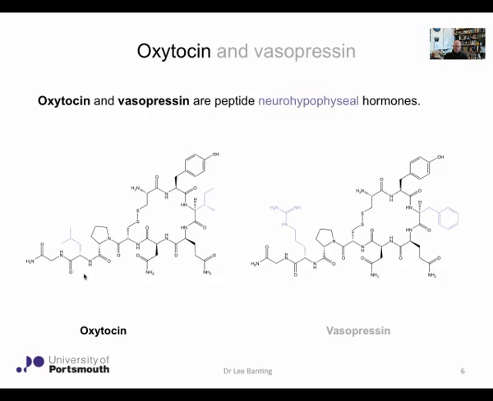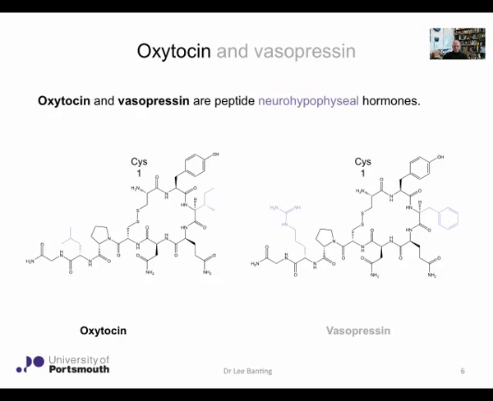But more drastically, on the tail of the peptide, this aliphatic hydrophobic residue is replaced by an arginine, a basic residue, and that in some ways delineates the oxytocin and vasopressin hormones pretty strongly.